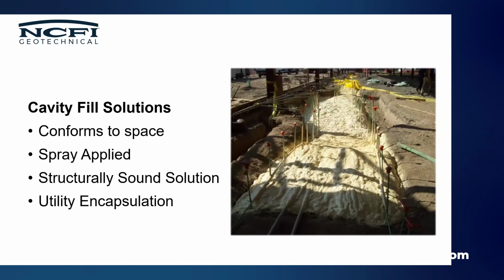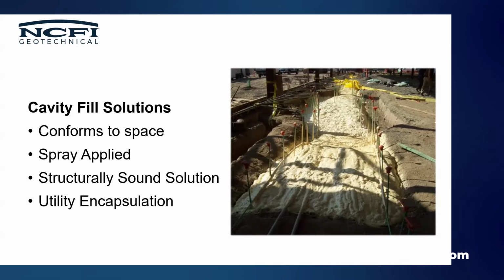So for cavity fill solutions, we're identifying when we're talking through this that cavities would be your open face, you can see what you're doing kind of thing, and voids would be your under slab, can't see the whole picture kind of things. This one was a utility trench. I believe the sidewalk was poured over this eventually, but basically a conduit bank.